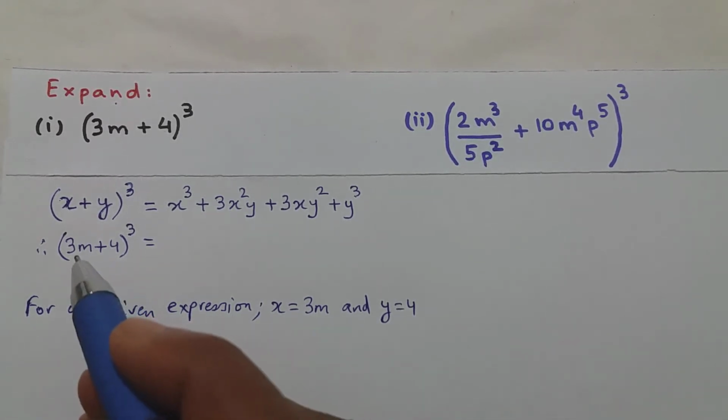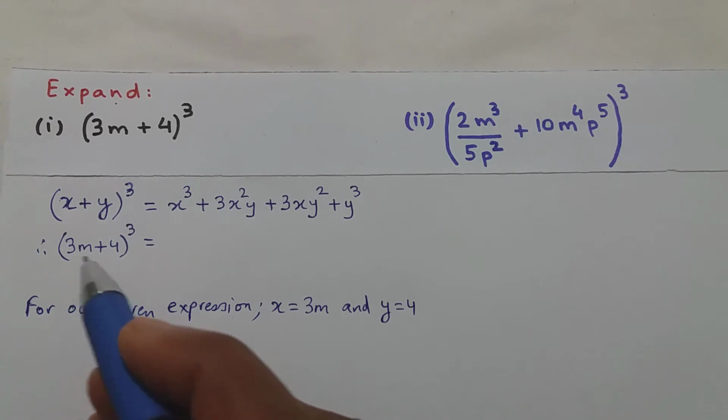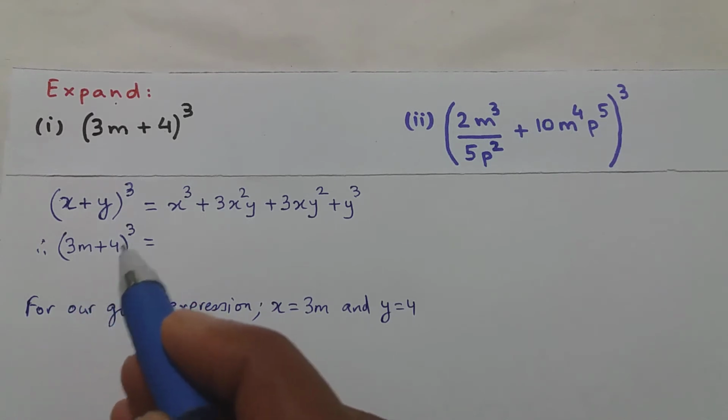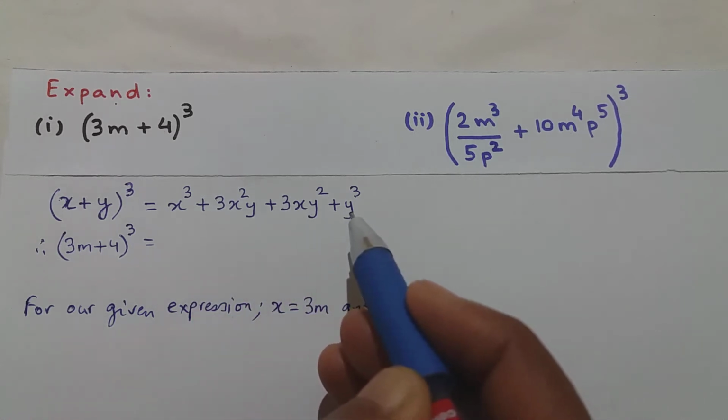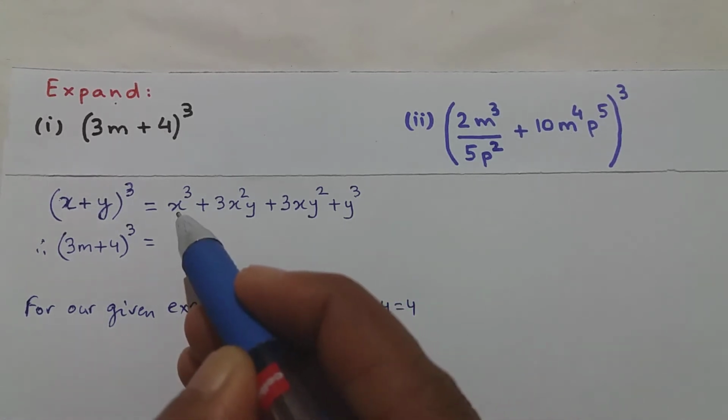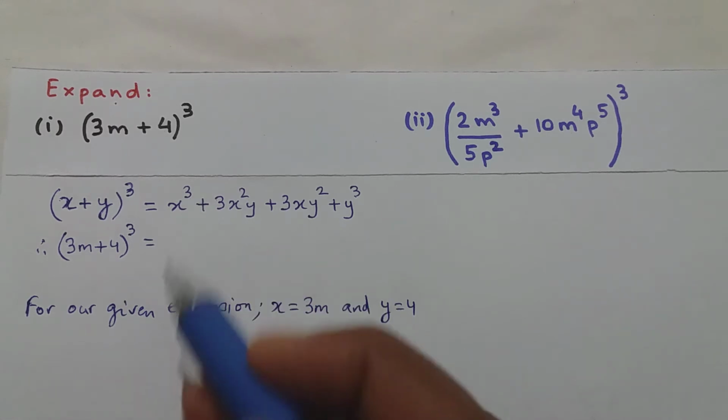And now I will expand the given expression, which is 3m plus 4 whole cube, in the way they have done it over here. So I can see it is x cube.